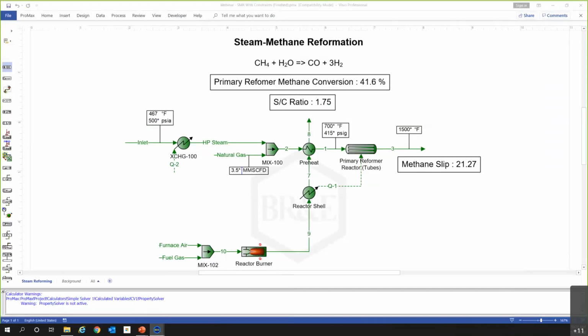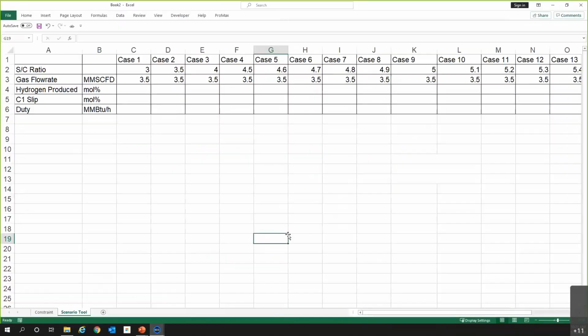Now that we have a reactor that is performing the way we want, we can run a scenario tool at different steam to carbon ratios and have ProMax calculate the hydrogen produced, the methane slip, and the duty required for that specific ratio. All we have to do is use the scenario tool, which is an Excel integrated tool.